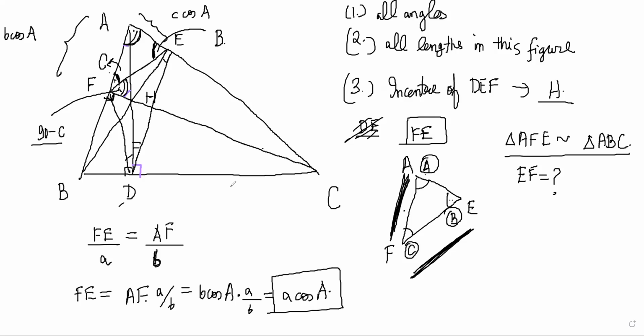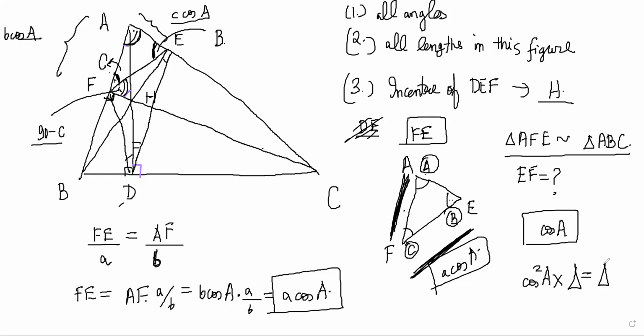Now notice that in triangle AFE, all the sides are so nice. It is c cos A, b cos A, a cos A. So basically, the triangle has been shrunk by a factor of cos A. So the area of triangle AFE will be, if two triangles are similar, then their areas differ by a ratio of k square, where k is the constant.